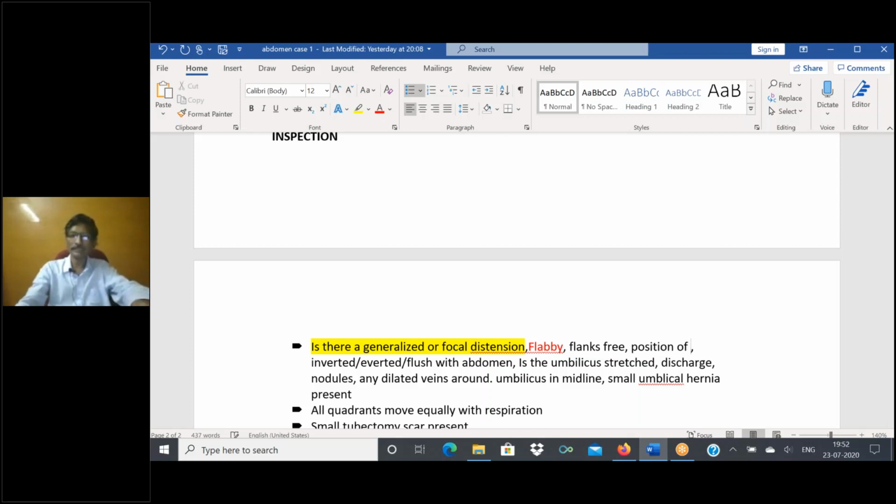Description of umbilicus. Position of umbilicus, that is whether it is equidistant from... Is the description of umbilicus clear? Flush with abdominal wall. Anand, I think your question is flush with abdominal wall.